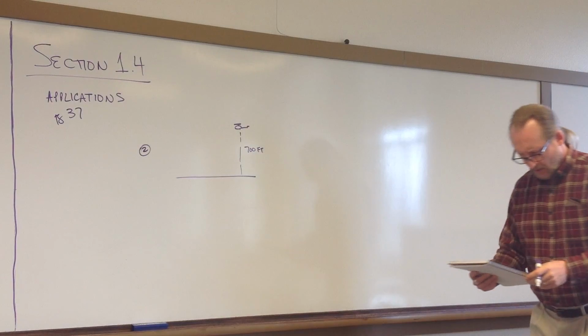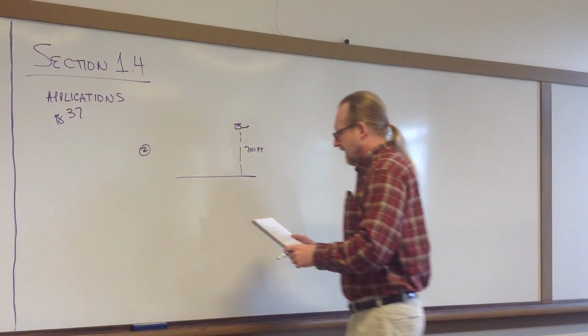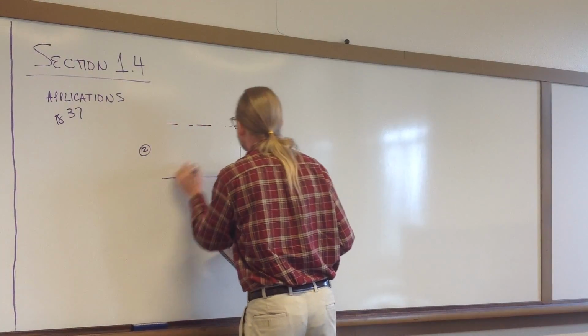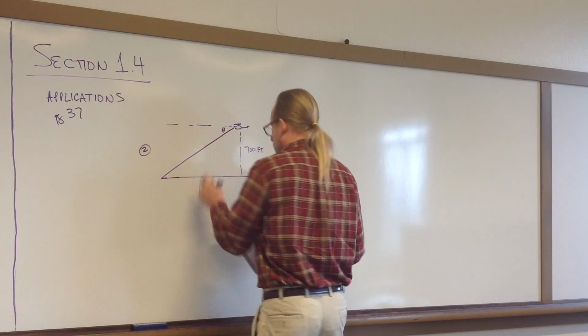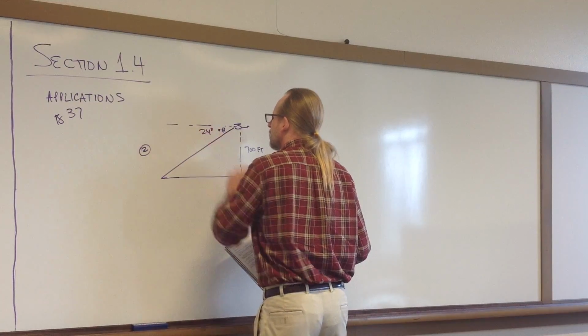The helicopter measures the angle of depression to a landing pad as 24 degrees. Angle of depression means it's going to be coming down like that. This angle right here then is 24 degrees.